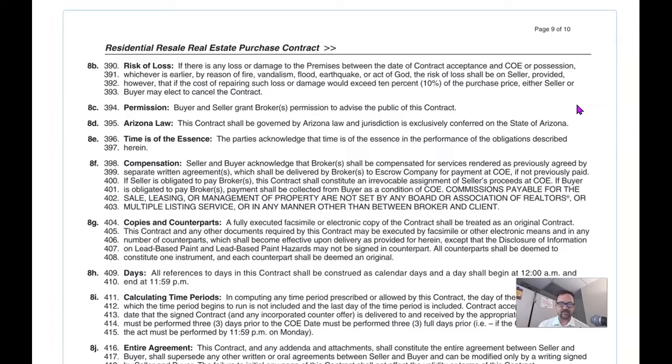So if, let's say, a tree falls on the house and smashes the roof, the seller by the contract is actually obligated to get the roof repaired before close of escrow. Because of the risk of loss, if the cost of the damage exceeded 10% of the purchase price, meaning on a $300,000 house the cost of damages is over $30,000, the seller may pull out of the contract at that point, or the buyer can walk away from the contract. So that's your final punch out right there.